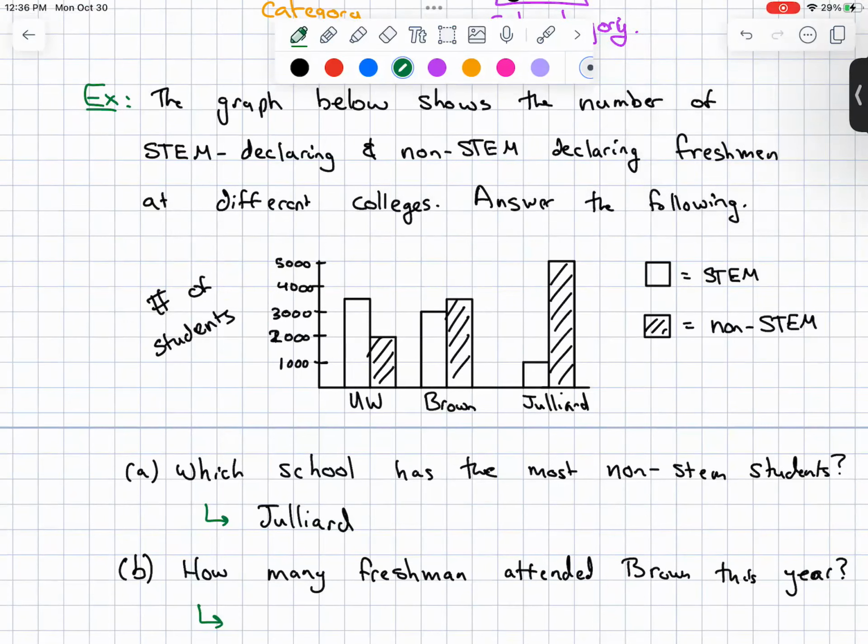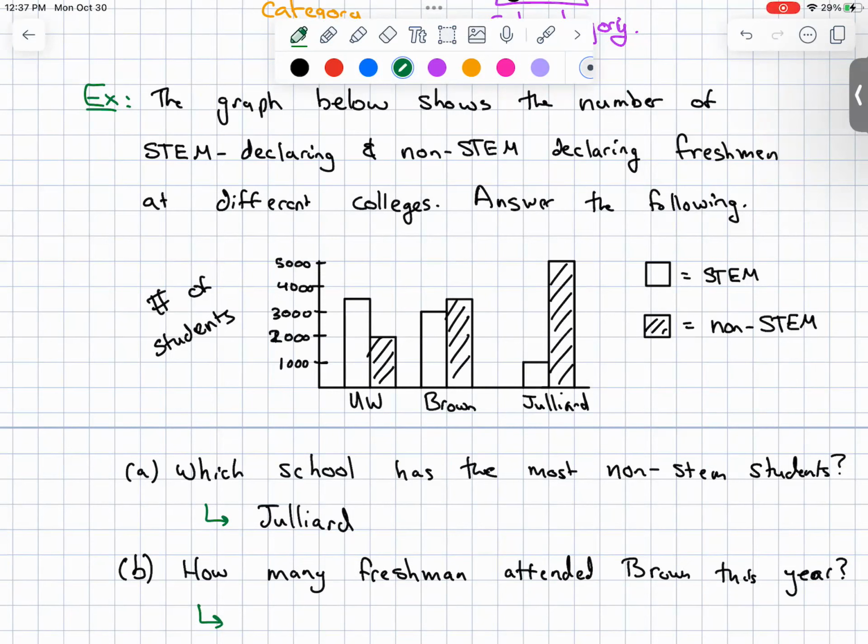So how many freshmen attended Brown? Not just STEM or non-STEM, but that's completely breaking them up into two categories. There's not an other category. I guess you could technically have undeclared as an option, but I think undeclared would fall under STEM, non-STEM. So just based on purely this split up of the data.